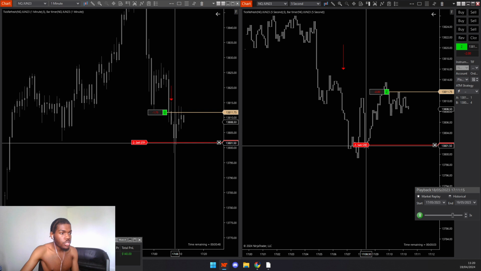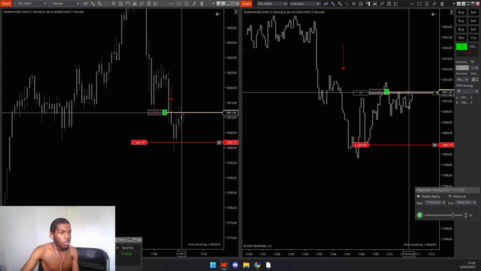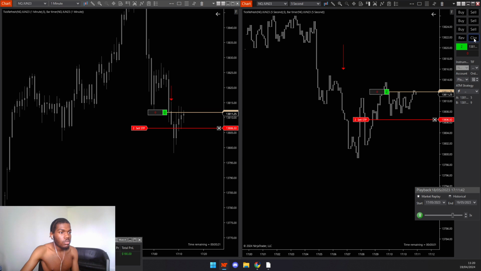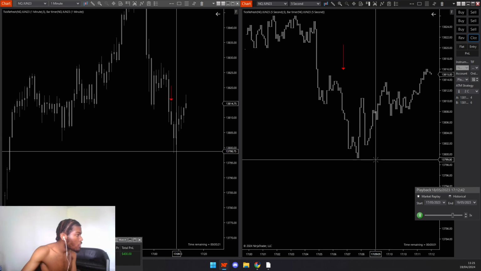Once I see a break of structure, I'm moving my stop up and I'm going for a 1-to-1. Above that high though. And then I'm gonna go for a 1-to-1. Order filled.